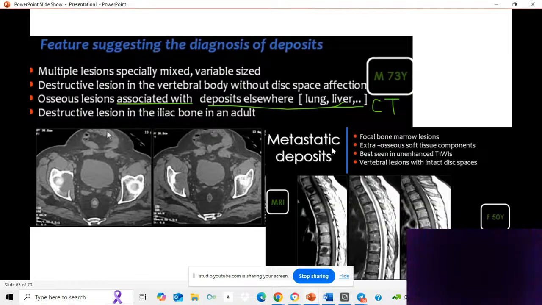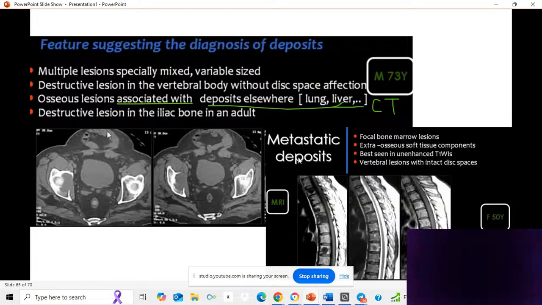Metastatic deposits, you will find multiple destructive bony lesions, and the characteristic finding here is that these osseous lesions will be associated with deposits elsewhere in the body, like in the lung and the liver.